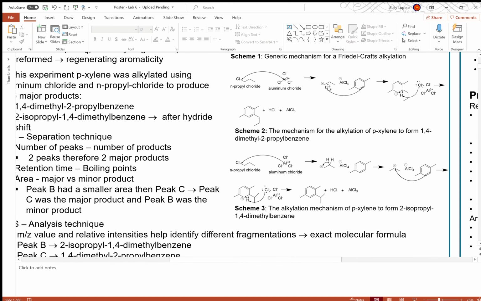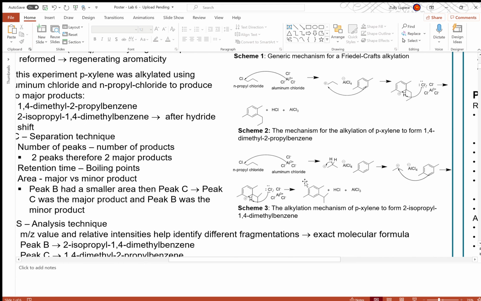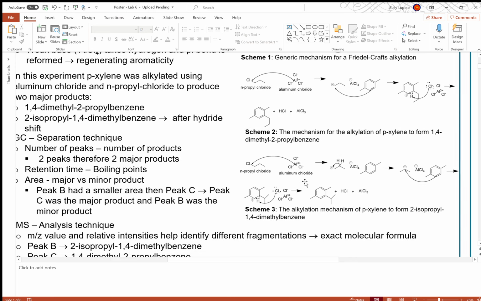Because the carbocation originally occurs on a primary carbon, a hydride shift can occur to help stabilize that product. This occurs because a carbocation on a secondary carbon is more stable than on a primary carbon, and so this results in us having the 2-isopropyl-1,4-dimethylbenzene product.